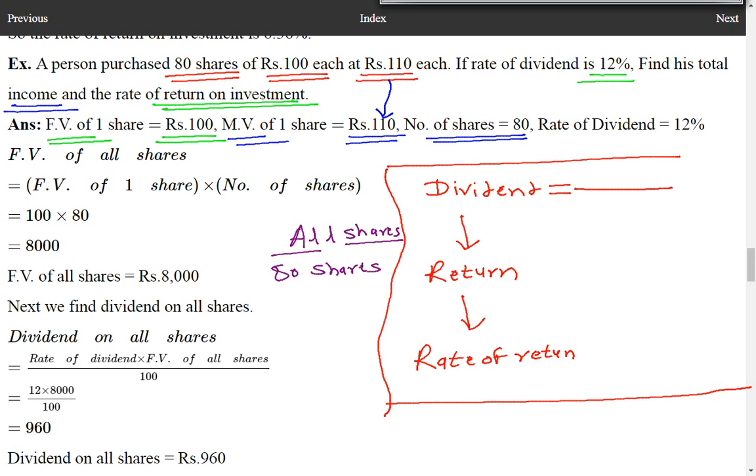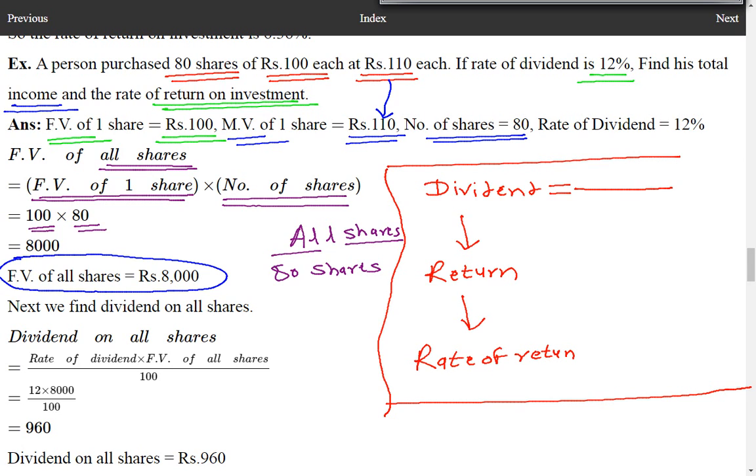So first we have to find face value of all shares, which equals face value of one share into number of shares. Face value of one share is 100 and there are 80 shares, so face value of all shares equals rupees 8,000.